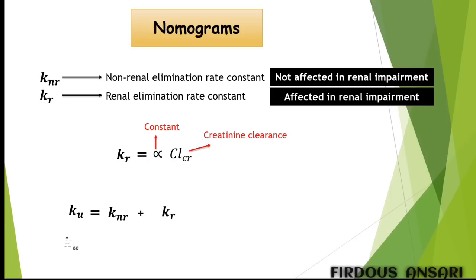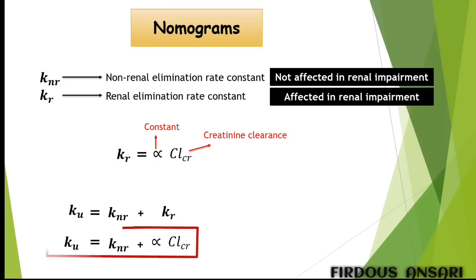So you can rewrite this equation as Ku equals KNR plus alpha, that is the constant, multiplied by creatinine clearance. So basically this equation can be used in the construction of a nomogram.